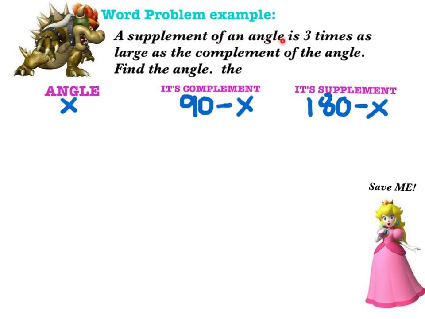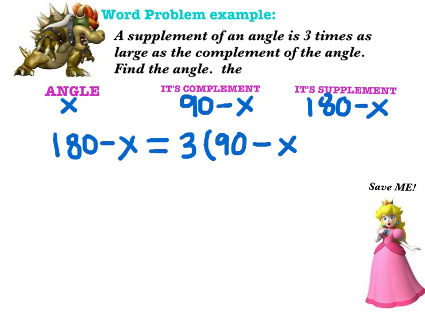A supplement of an angle, that's 180 minus x, equals 3 times as large as the complement. 3 times the complement. Now if I solve this for x, that'll make me happy because x is the angle. So let's go ahead and do that right now.